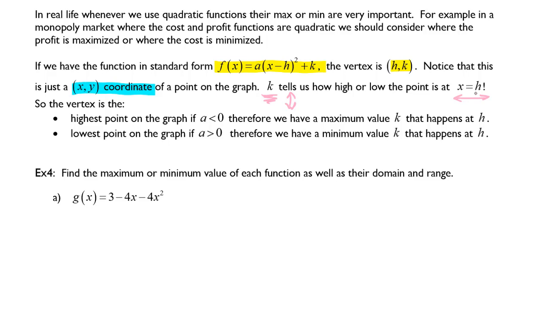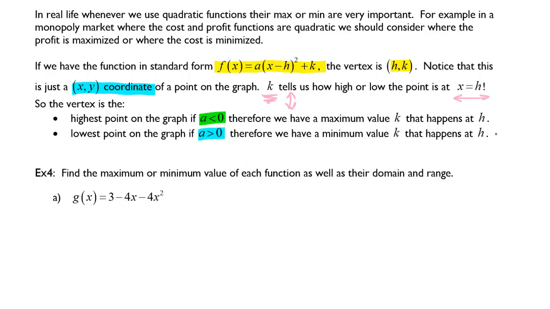So the vertex is the highest point on the graph if a is less than 0, and it's the lowest point on the graph if a is greater than 0.